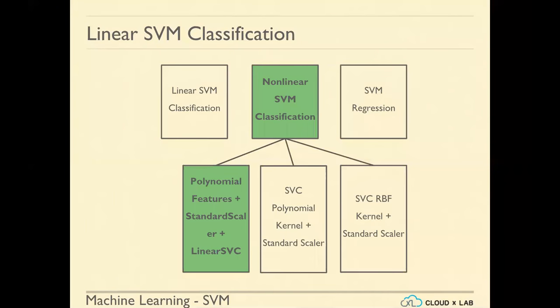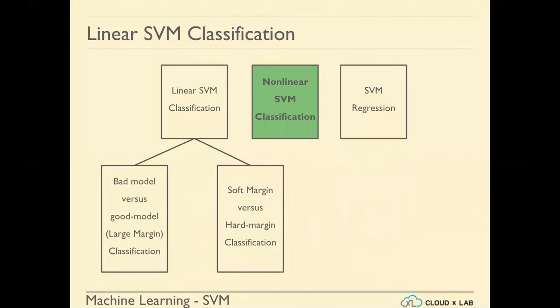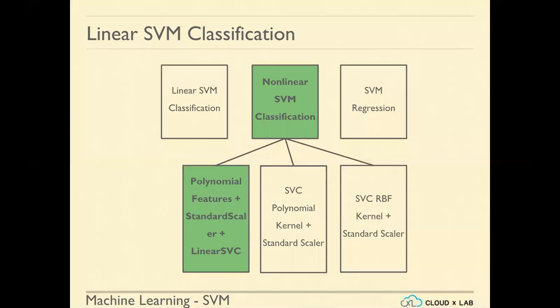Now let's try to understand the nonlinear SVM classification. Right now we are assuming that the algorithm works. We are just trying to understand the various use cases and various circumstances in which the SVM would be used, and what kind of fine tuning would be required. So far, it was possible to separate the data using a straight line.